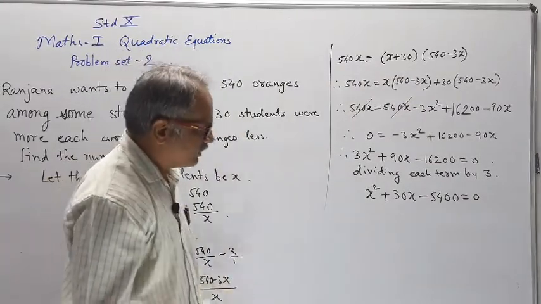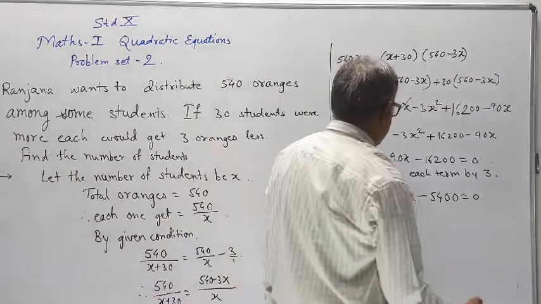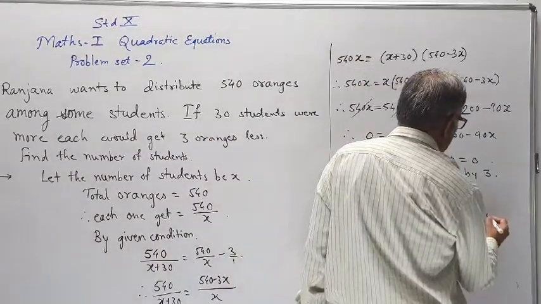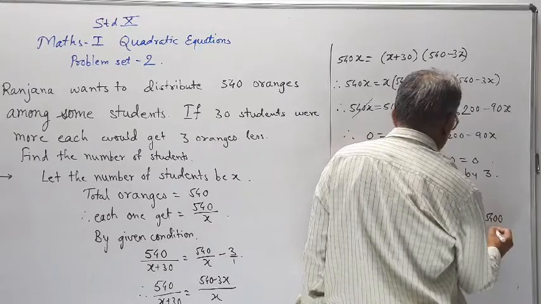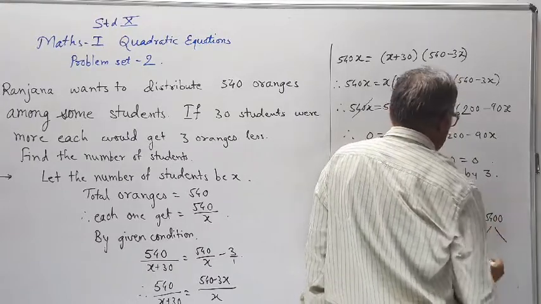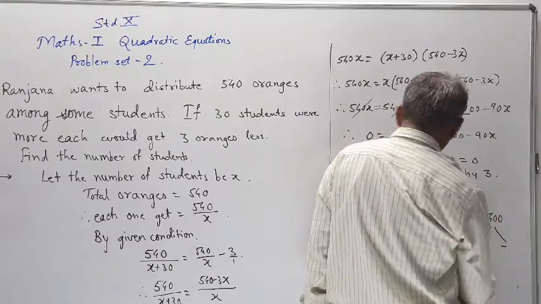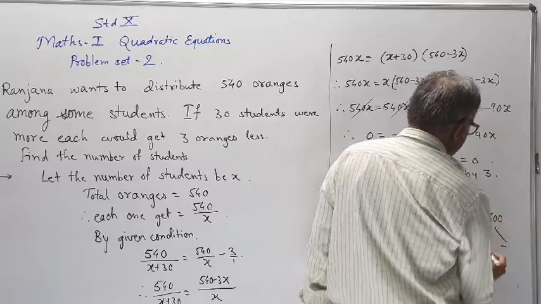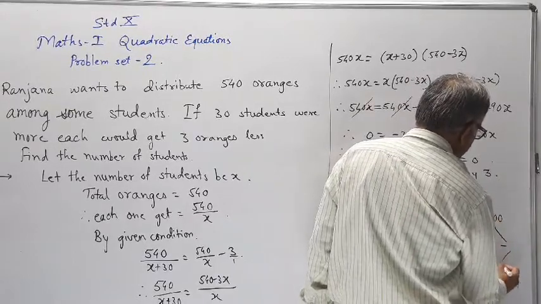Now we have to solve this equation by our method. Generally we use the splitting method. We want product minus 5400. The greater number will take the middle term sign, the other will take the opposite sign. As the product is negative, we want the total plus 30.